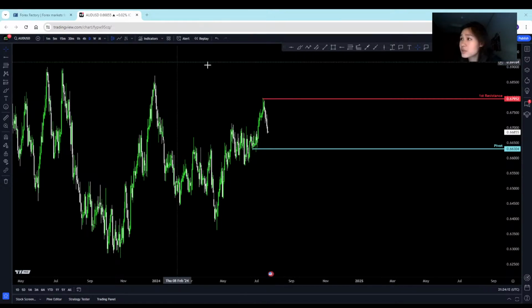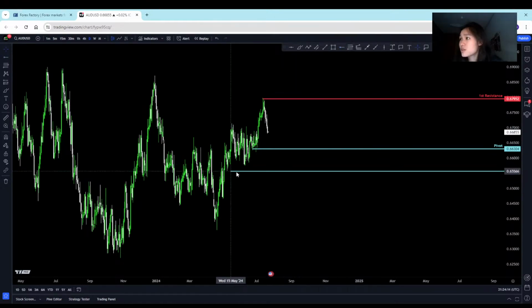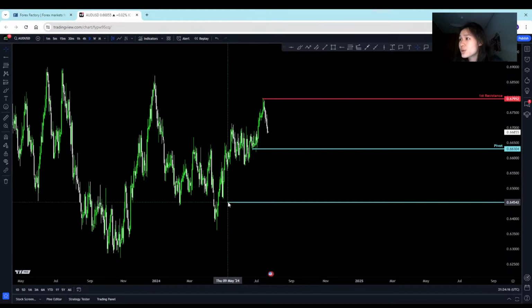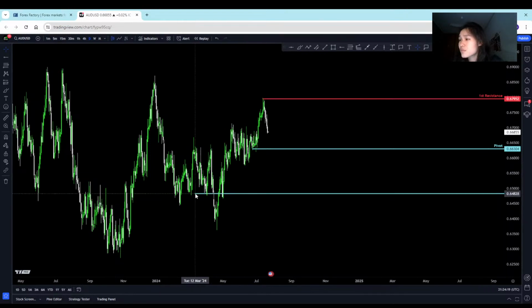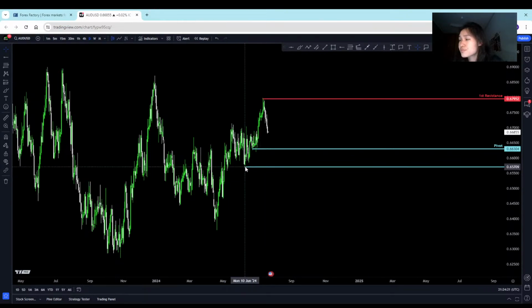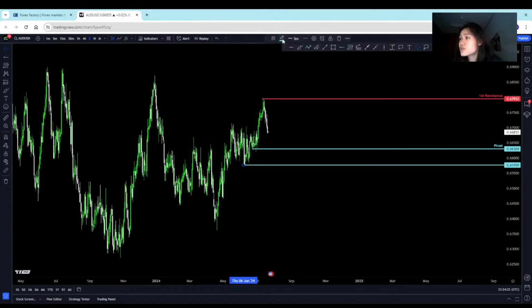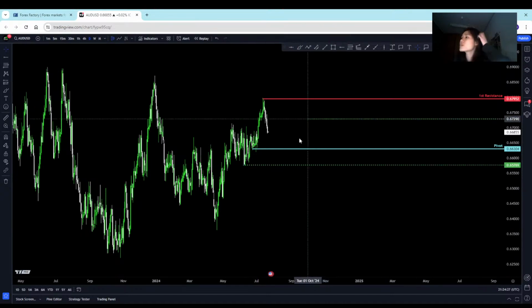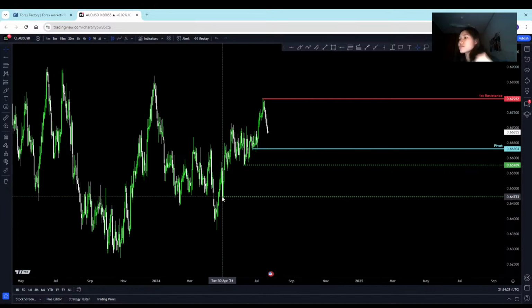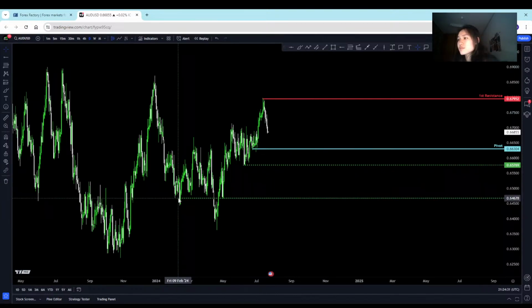But feel free to label it whatever you prefer. And then for my first support, here's going to be my intermediate support. And this is my first support here.